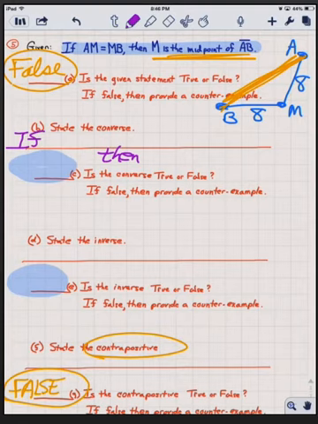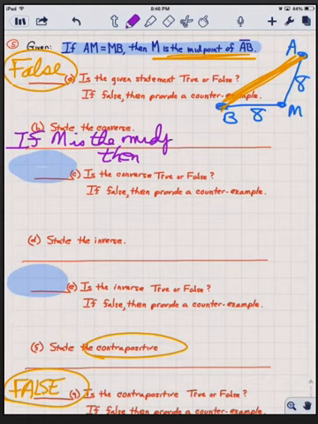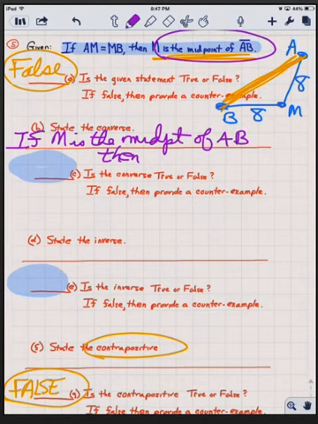So that is, in this case, M is the midpoint of segment AB. That was the conclusion of the original statement. It's now the hypothesis of the converse. And likewise, whatever was the hypothesis of the original statement is now the conclusion. So that is AM equals the distance from M to point B.